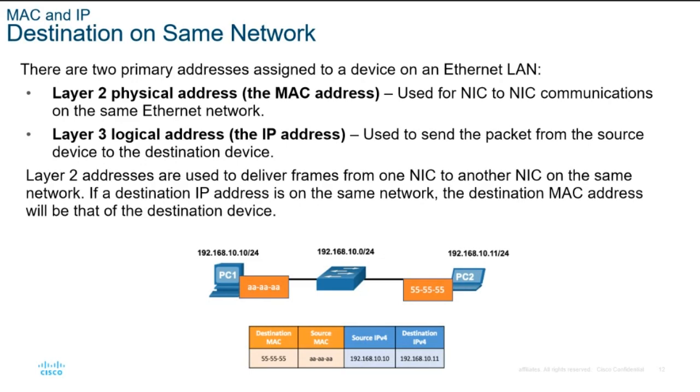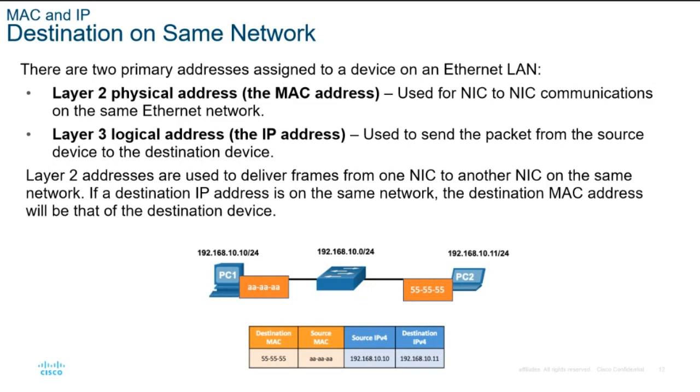And the layer 3 logical address, the IP address, is used to send the packet from source device to destination device. The layer 2 physical addresses are used to deliver the data link frame with the encapsulated IP packet from one NIC to another NIC that is on the same network.